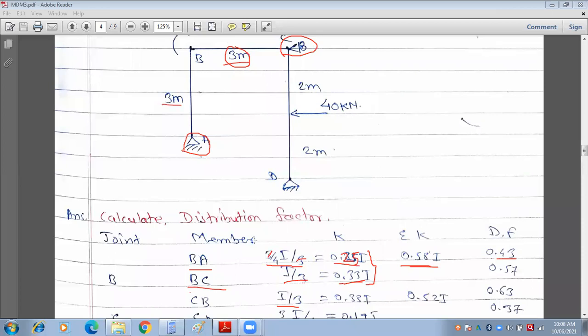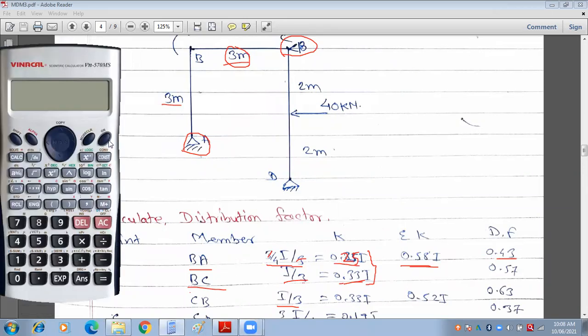Now let us solve this. 0.25 divided by 0.58 becomes 0.43. Round up the value, 0.43. Then 1 minus 0.43, the remaining distribution factor is 0.57.